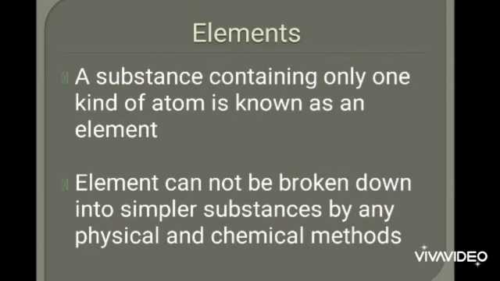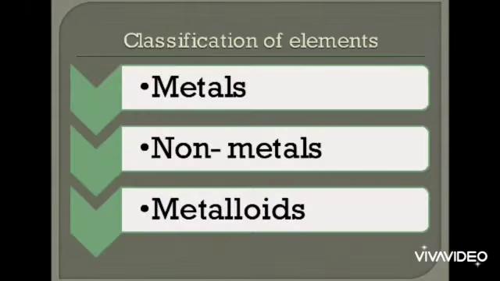Elements are the substances which have only one kind of atom and which cannot be broken down into any simpler substance by physical or chemical methods. These elements can be further classified into metals, non-metals and metalloids.